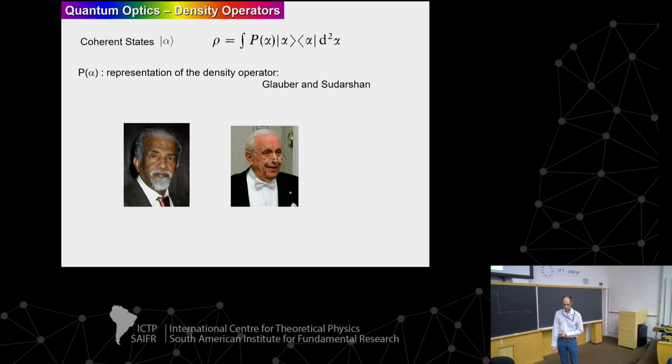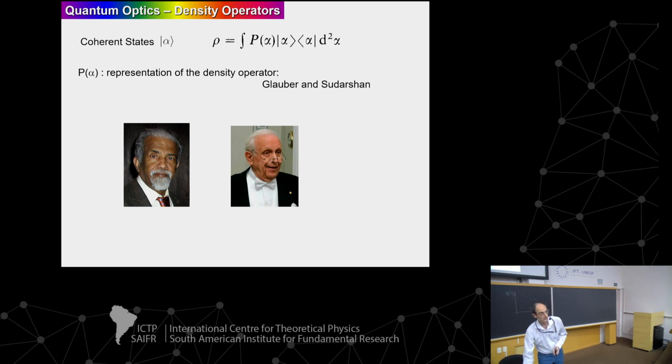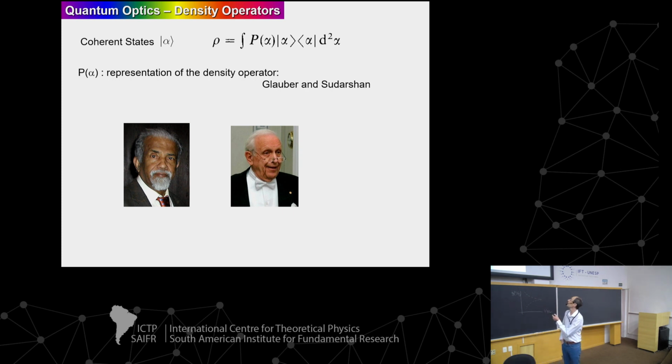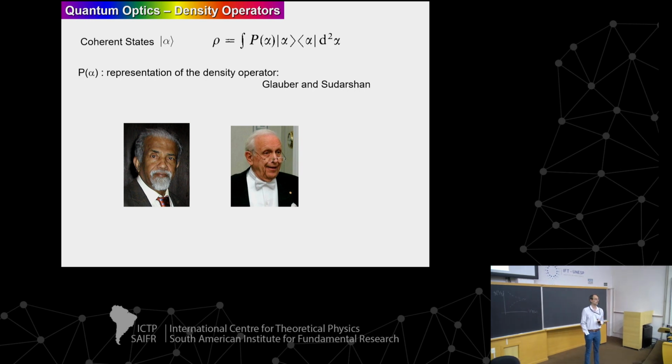That was a suggestion made by Glauber and Sudarshan using what they called a P representation. P as a probability combination of these states, represented by a combination of pure states. We'll begin by discussing this one, the canonical one, the first one applied to optical fields.